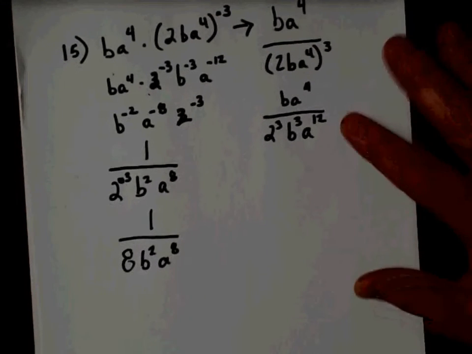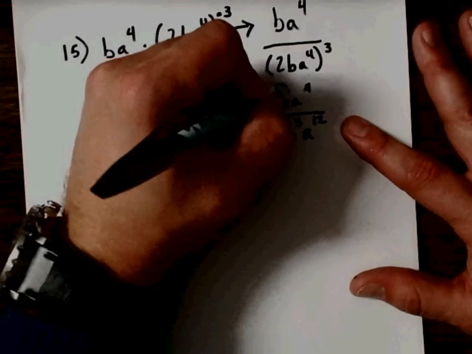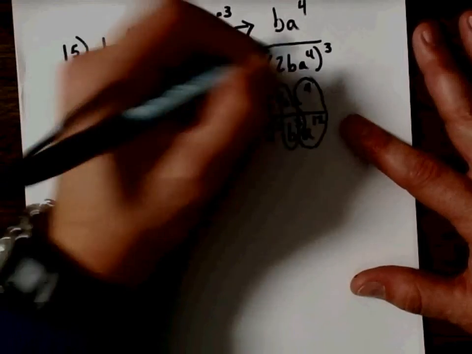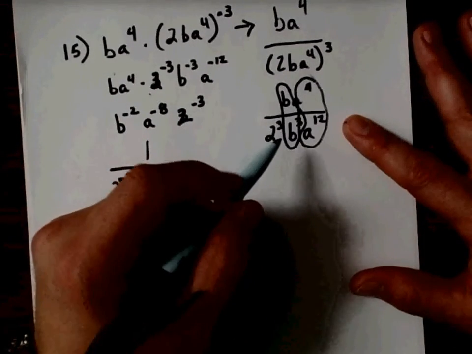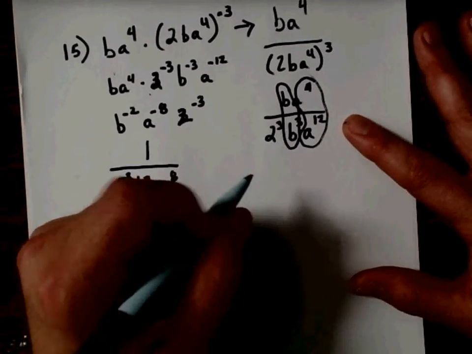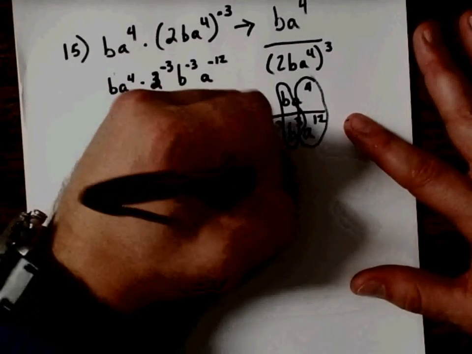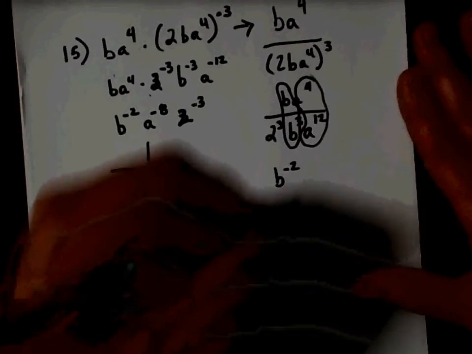This one becomes quotient rule. Okay? I have like bases here, and I have like bases here. And so b to the first minus b to the third becomes b to the negative 2, and since it would be b to the negative 2 on top, what's going to happen to it eventually? It's going to go to the bottom.